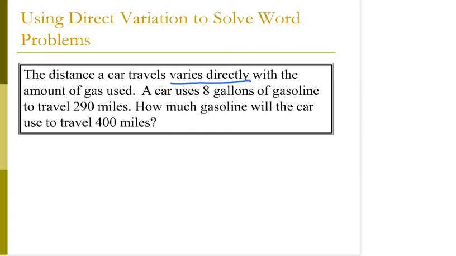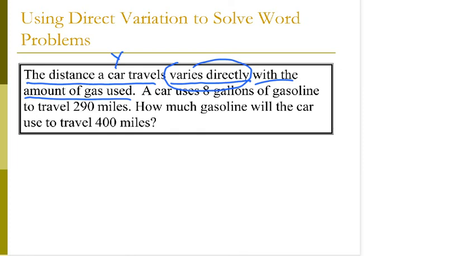So which one of these is the independent and which one is the dependent variable? Well, the distance that it travels is going to depend on the amount of gas that's used. So we're going to do y over x. That's going to be distance over gas.